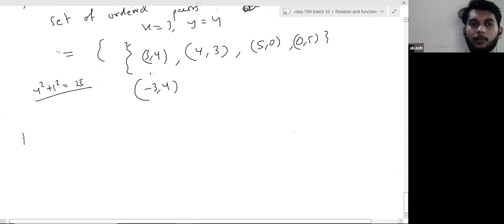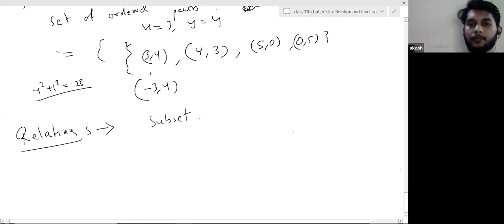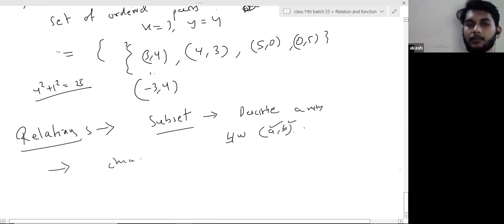In the last class, I told you about relations also. A relation is a subset described by a relation between A and B, from the first element to the second element. The second element is called the image of the first.